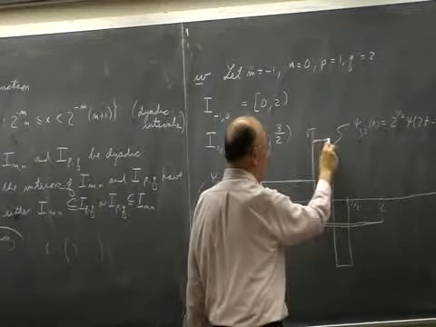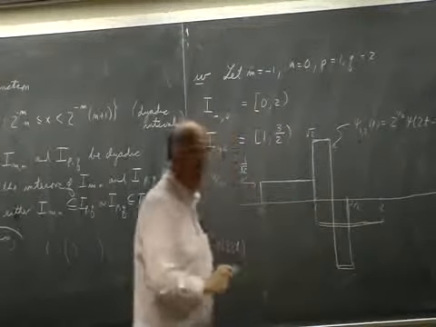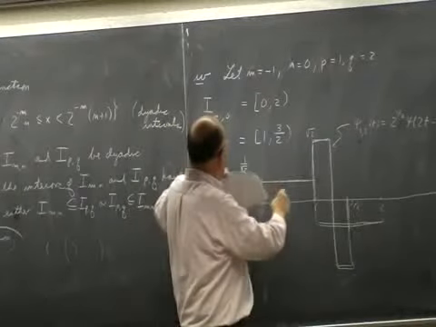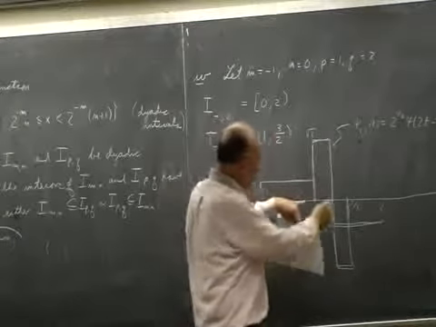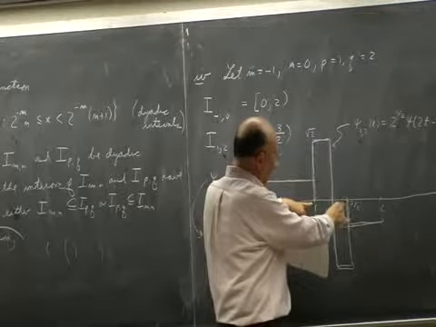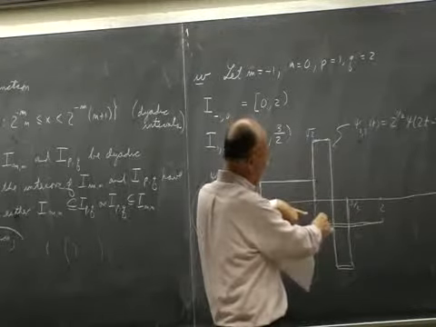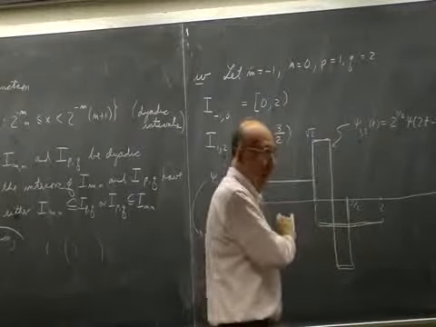And the other one looks like this. And the point is that this guy living on 1 to 3 halves is on a part of psi minus 1, 0, where it's constant.